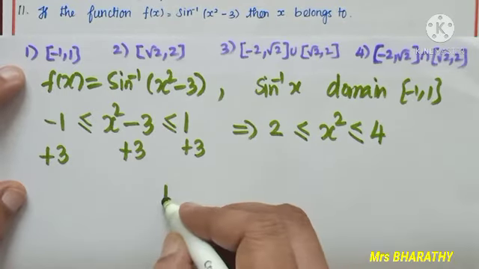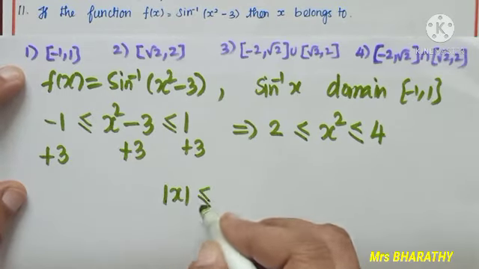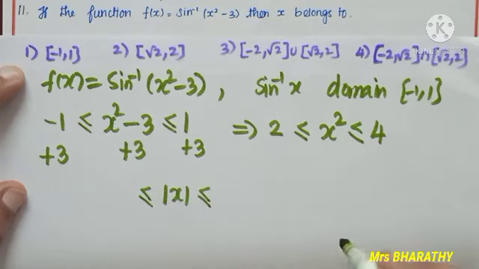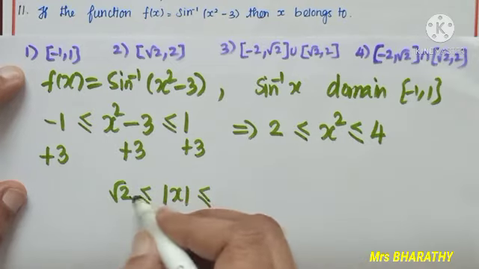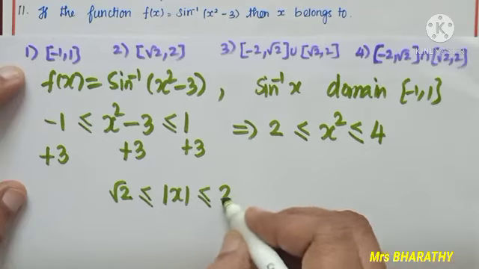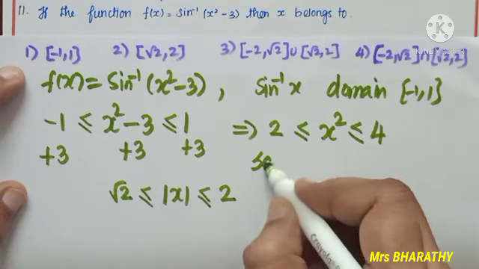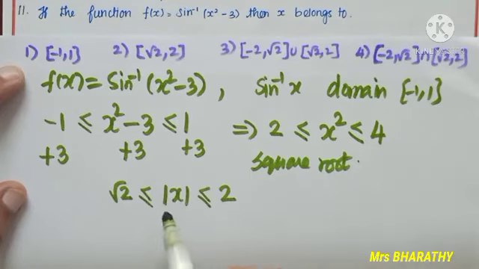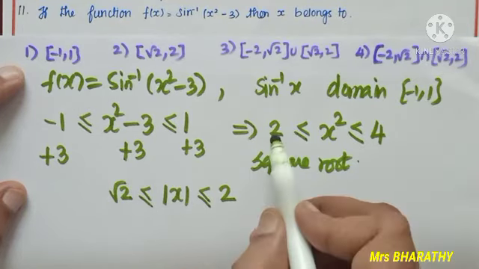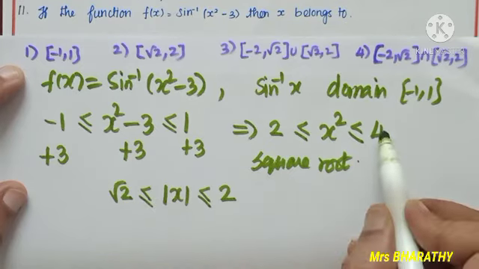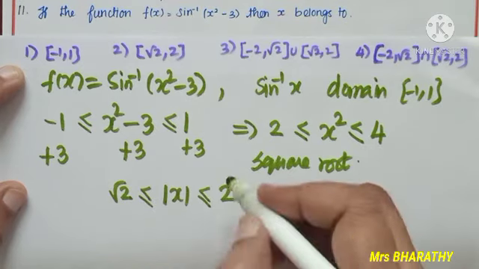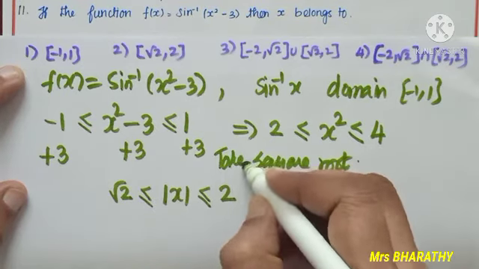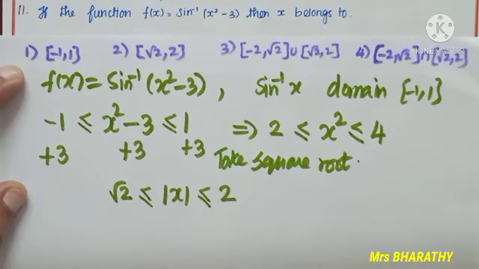So when I take the square root, I will write modulus of x. Here I have root 2, here I have 2. Whenever we find a square root, remember for x square, you must write mod x. 2 square root is root 2, 4 square root is 2. As we take the square root, we arrive at the modulus symbol. What do we mean by modulus symbol?